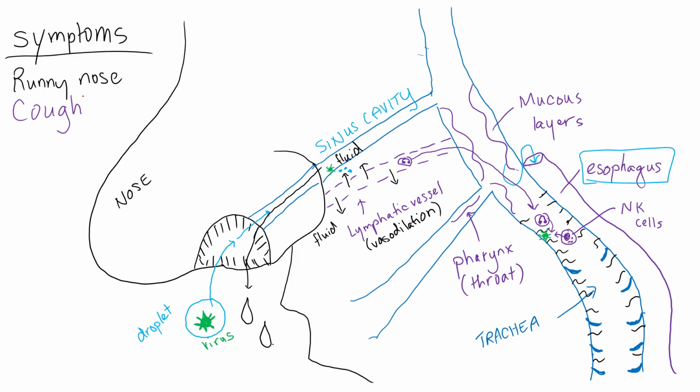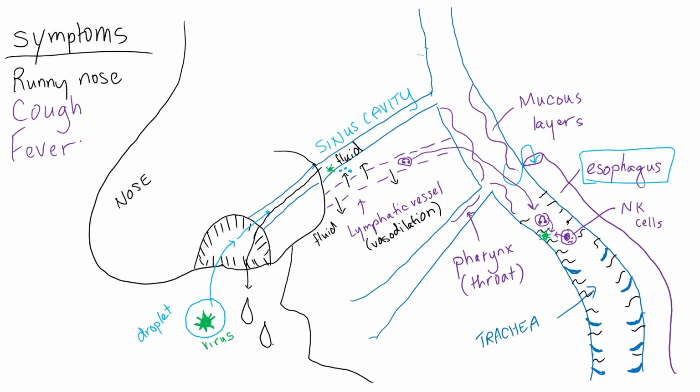Now, as the cytokine signaling increases, we might have a fever response. In more severe cases, we do see a fever response. Not usually when you have a mild cold, but if you have the flu or COVID-19, fever does seem to be a symptom.